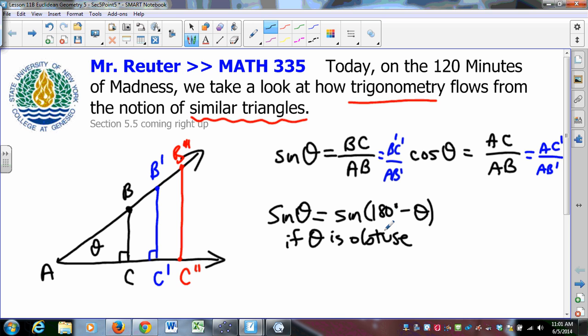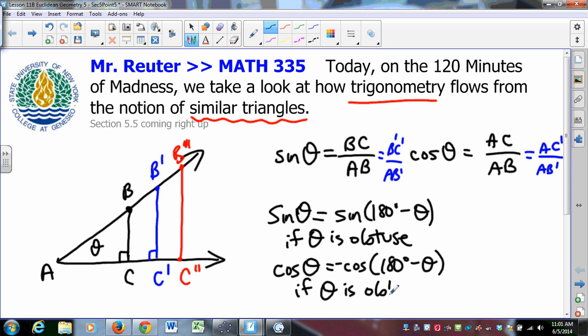Find the supplement and take the sine of that angle. For cosine, we decide to take the opposite if theta is obtuse.